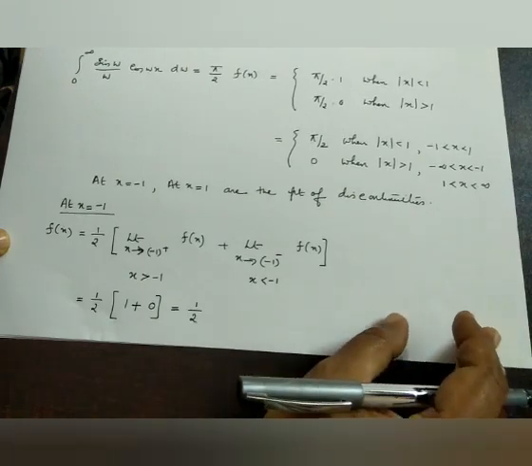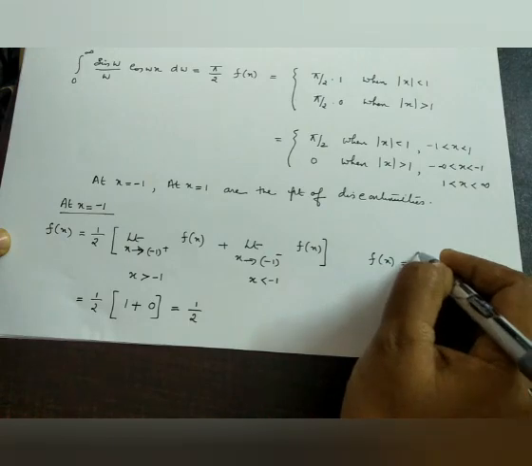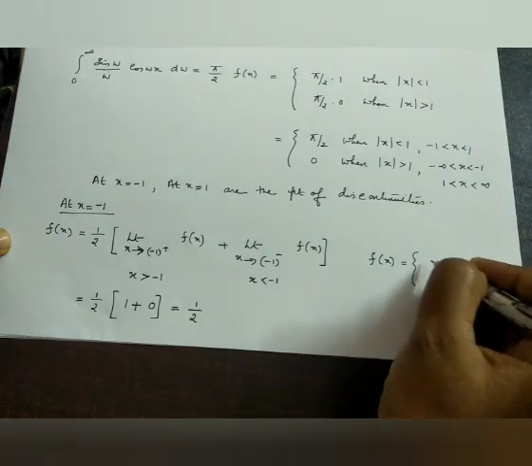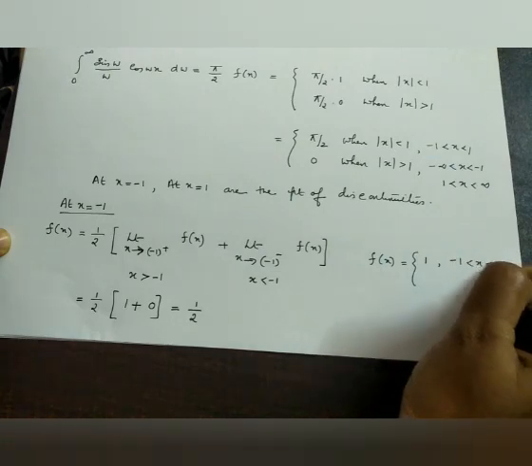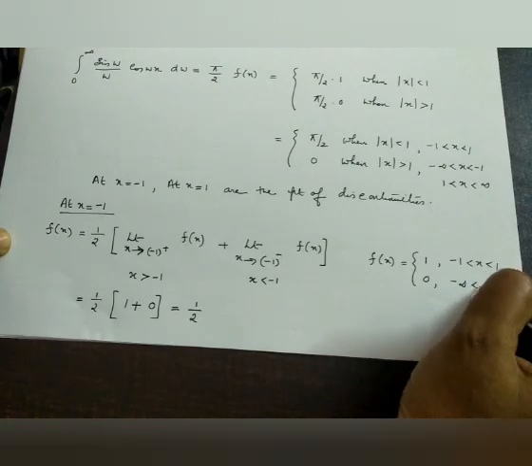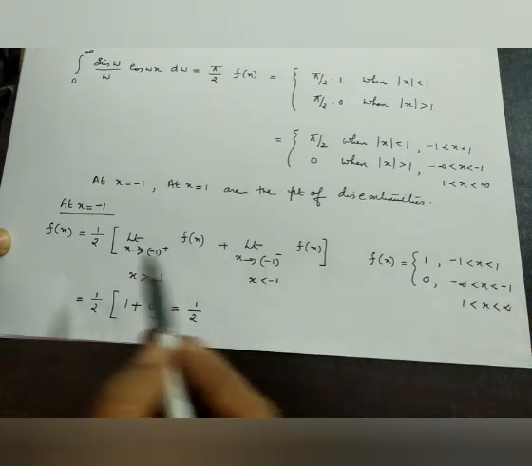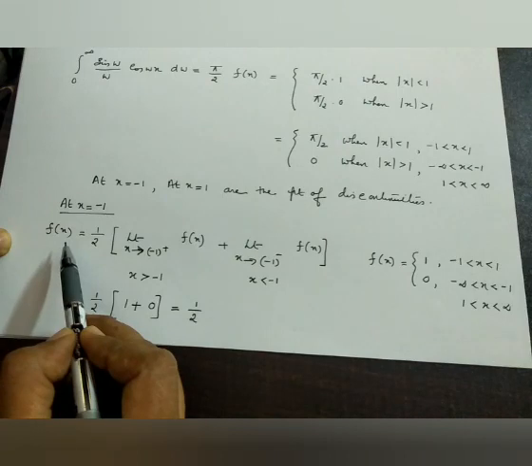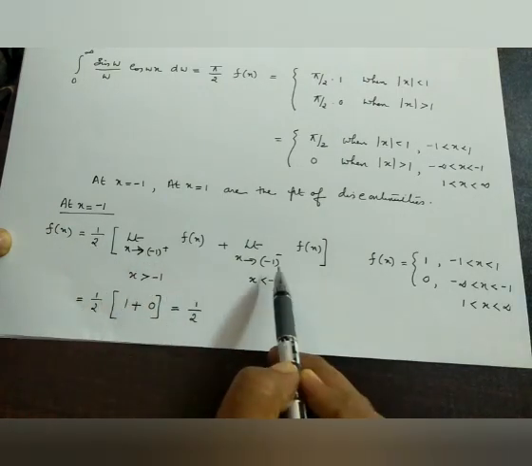Here I am writing f of x to avoid confusion, that is 1 when minus 1 less than x less than 1, and 0 when minus infinity less than x less than minus 1 and 1 less than x less than infinity. I am explaining once more. This f of x is equal to the average of right hand and left hand limits.